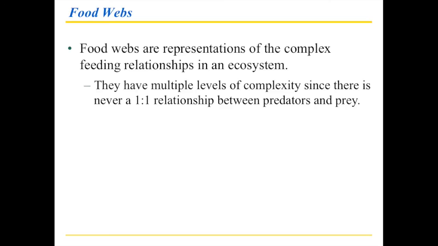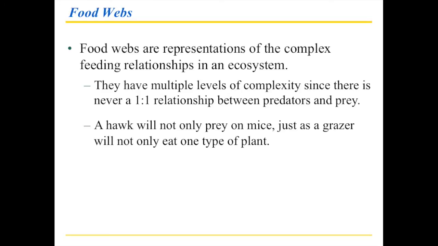So, in this case, you find that there is a lot of complexity in most food webs because you don't have a one-to-one relationship between predators and prey. Predators can eat multiple things, and prey can be eaten by multiple things. So, there's always more than a one-to-one relationship.